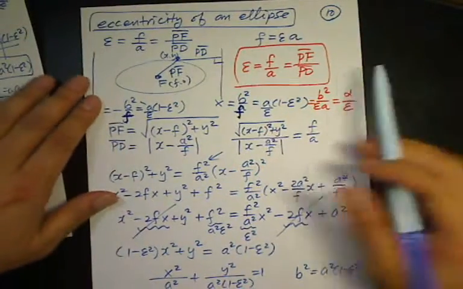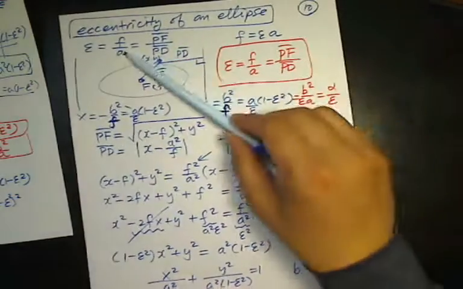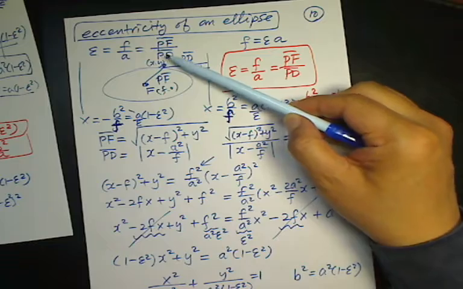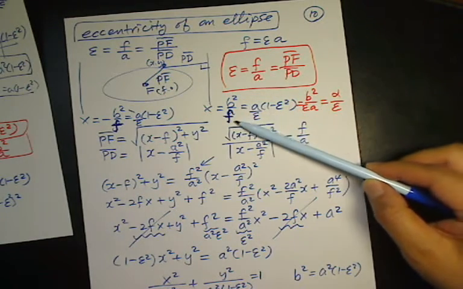We continue to consider the eccentricity of the ellipse. As I told you, it is the point to focus divided by the point to directrix.